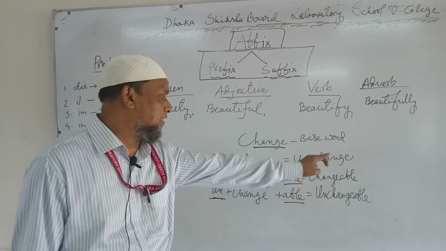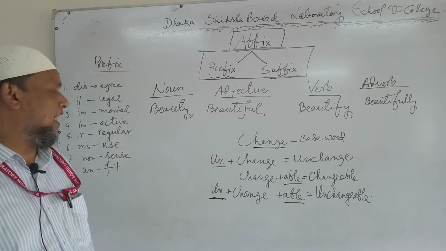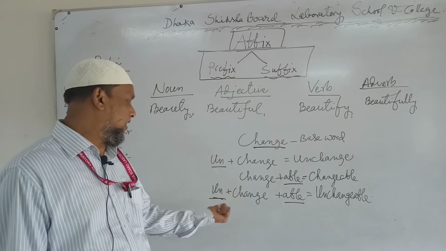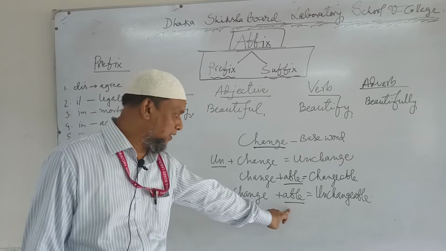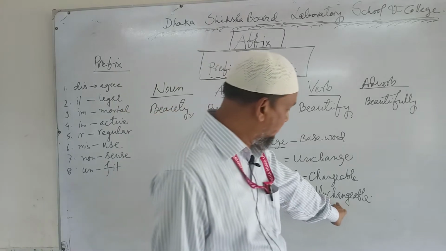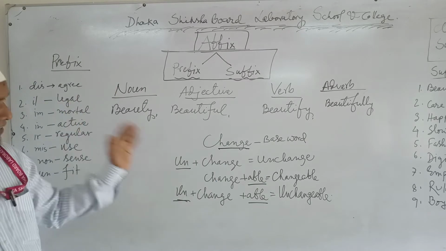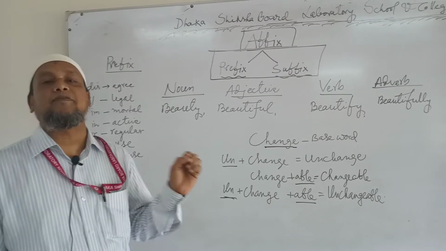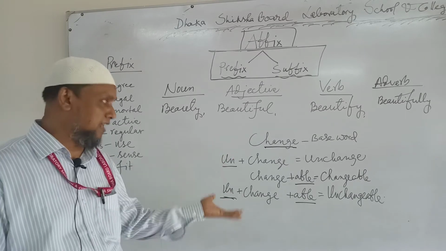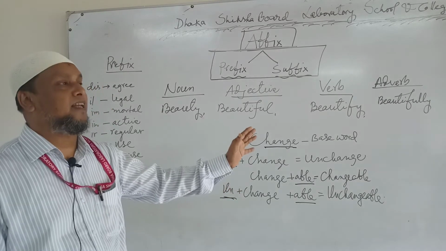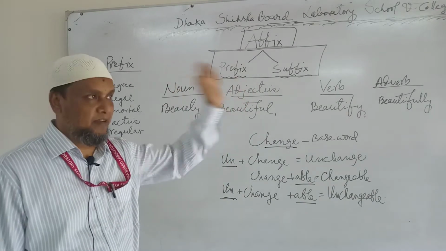Changeable, this is affix, suffix. And then finally we add both sides, before un and after able. The word totally comes unchangeable. This is affix. In this way, we can change the different types of words. The process through which we change one word to another is known as suffix or prefix or affix.